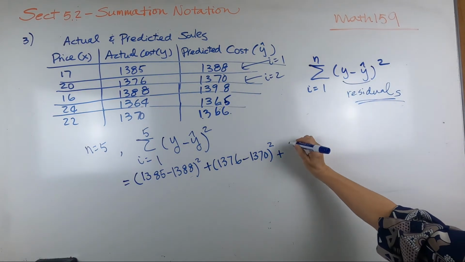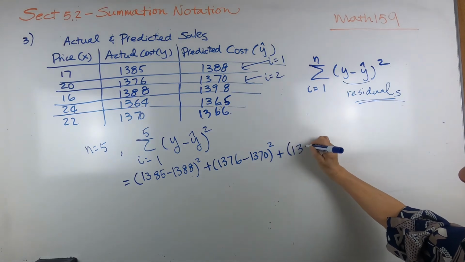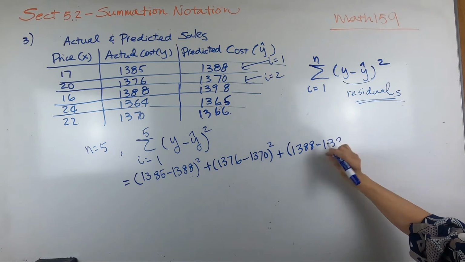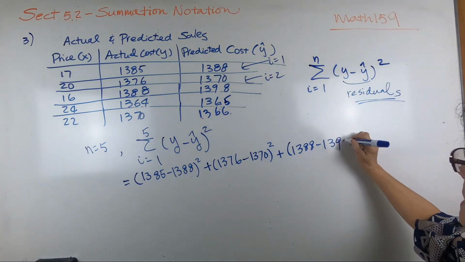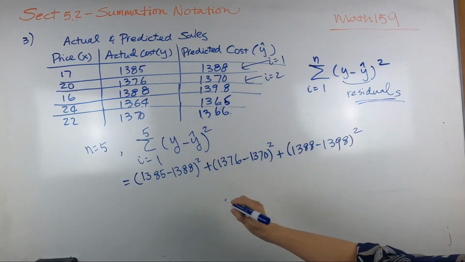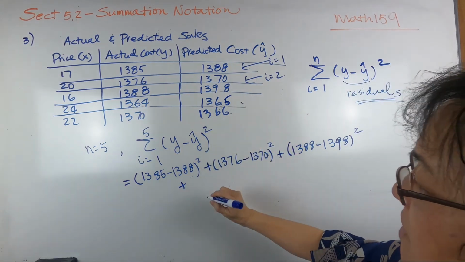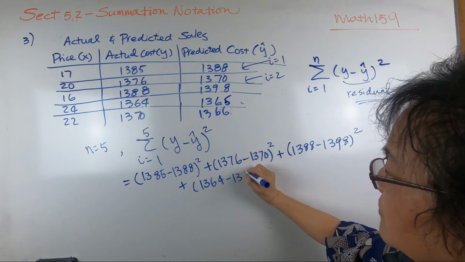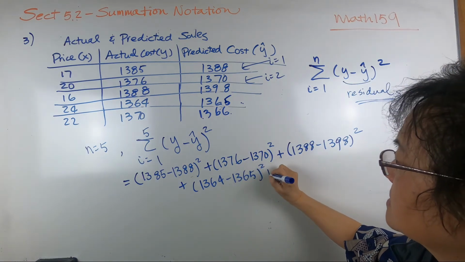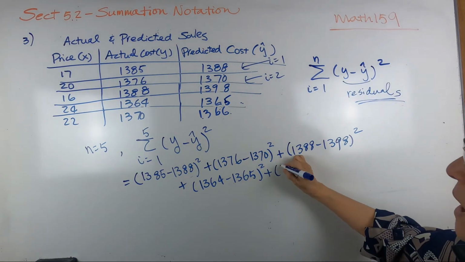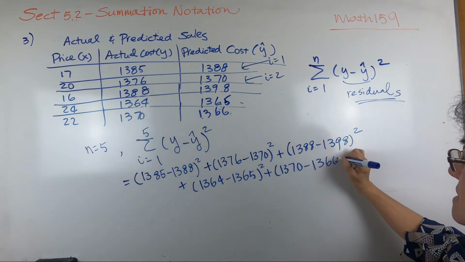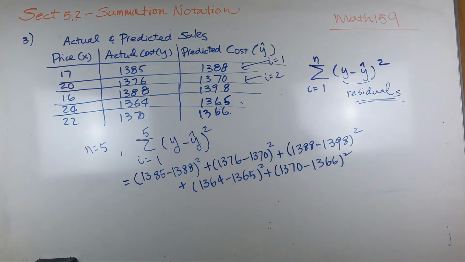For the third item, you would do 1388 minus 1398, take a square. Then the fourth item, you would do what? 1364 minus 1365, take a square. Next one would be what? 1370 minus 1366, square. So you do that.